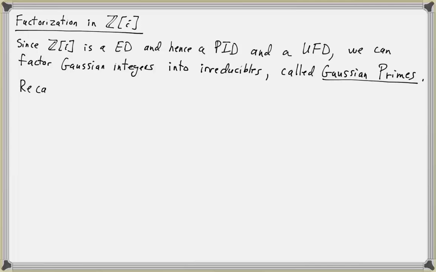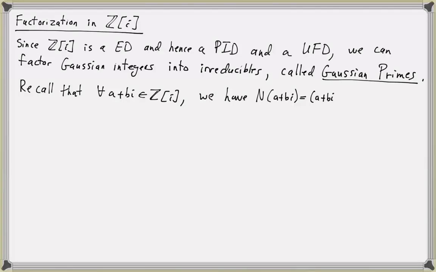So recall that for any element a plus bi, a Gaussian integer, we have the norm of a plus bi equals a plus bi times its complex conjugate a minus bi, and so we get a squared plus b squared.